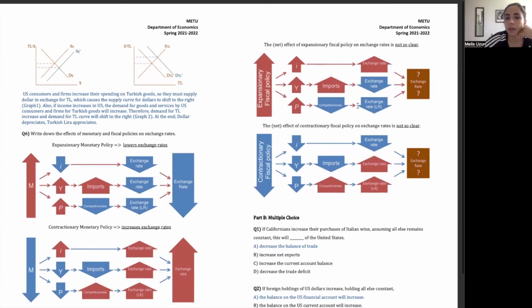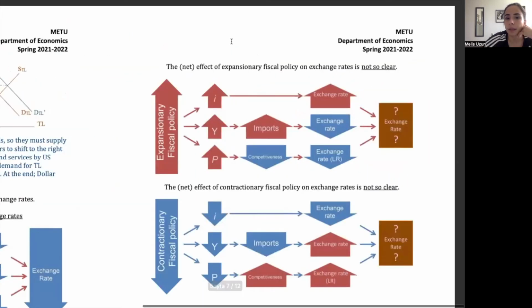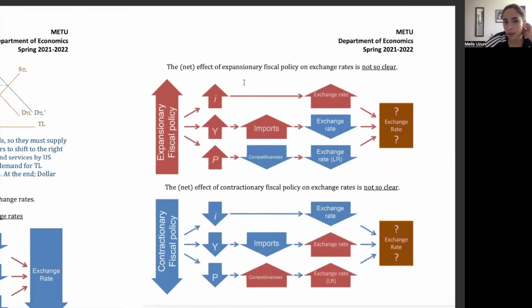When we implement expansionary fiscal policy, the interest rate will increase, and that's why, again, for the same reasons I said earlier, the exchange rate will increase. And expansionary fiscal policy means government spending will increase or taxes will decrease, or both of them at the same time.